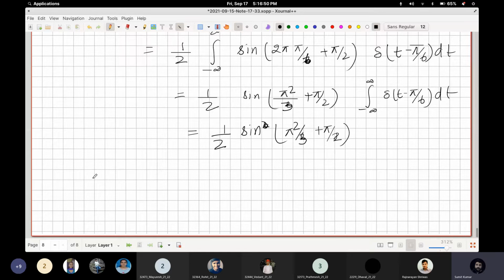What we have is another problem: minus infinity to infinity, and here you have under square bracket 2 cos t by 2, plus t square, and this times delta t minus pi.